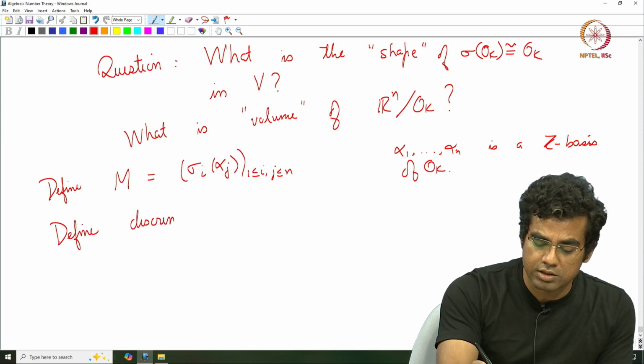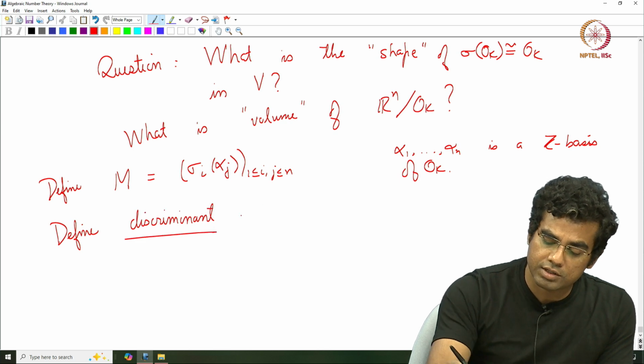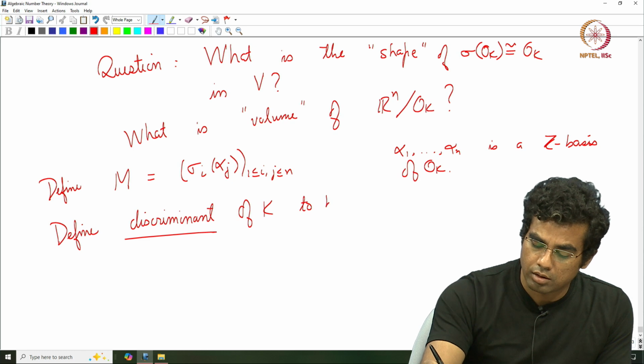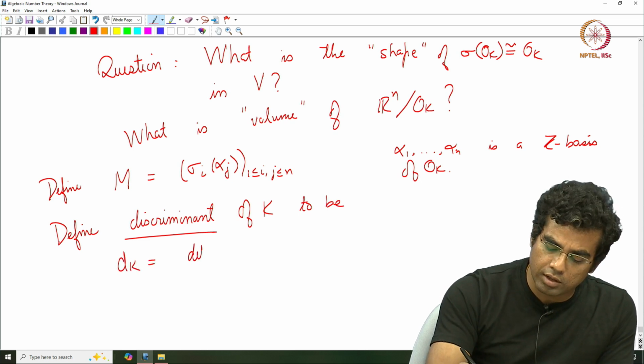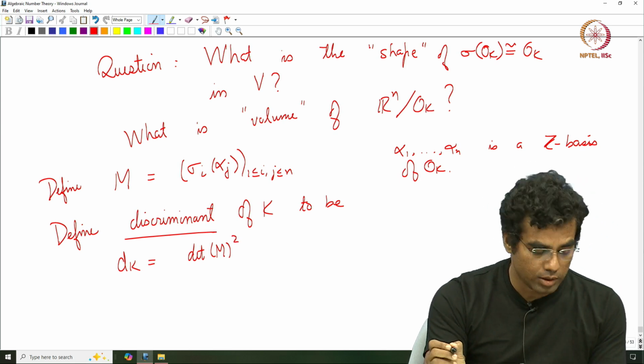the discriminant. This is a very important invariant that you should know, the discriminant of K, usually denoted as d_K, to be the determinant of M whole squared. Okay.